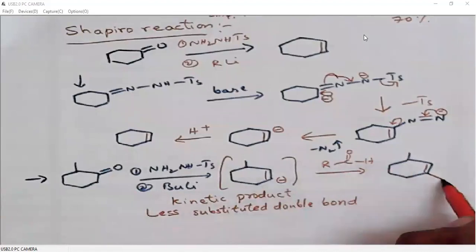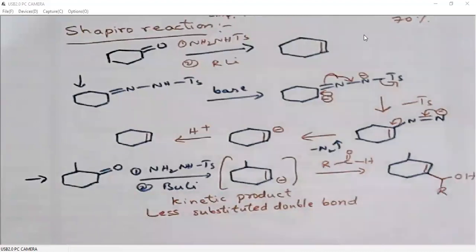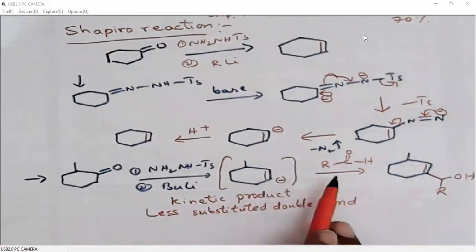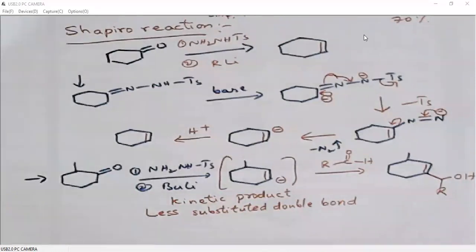So here the product is an alcohol. That is also possible. If we want to stop at the alkene stage, we can stop it. Or if we want to extend the reaction, then we need to add an electrophile: aldehydes, ketones, esters, even alkyl halides. When we use them, the reaction can be extended further.